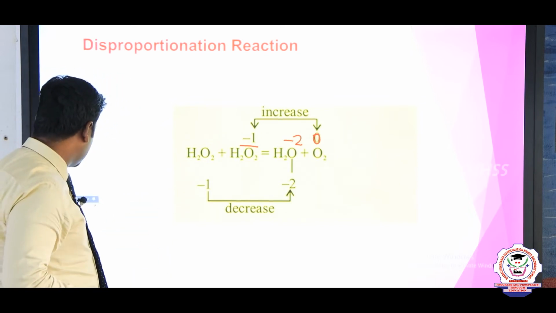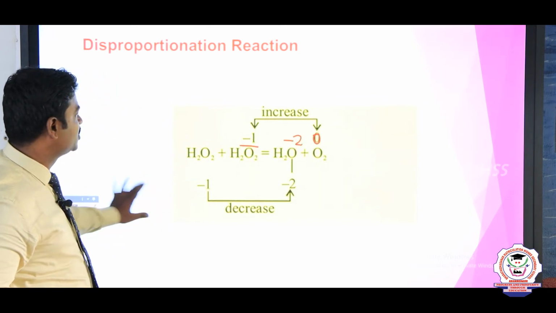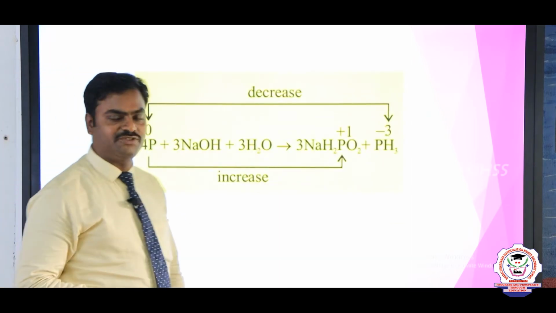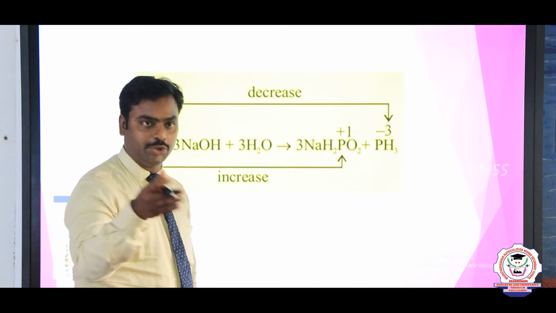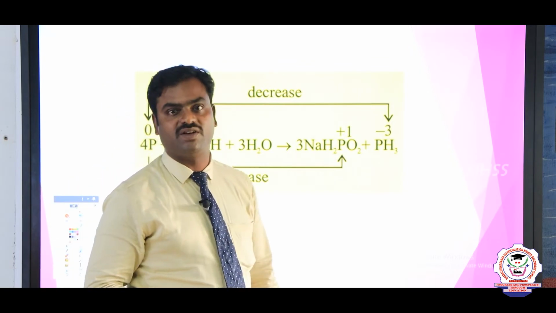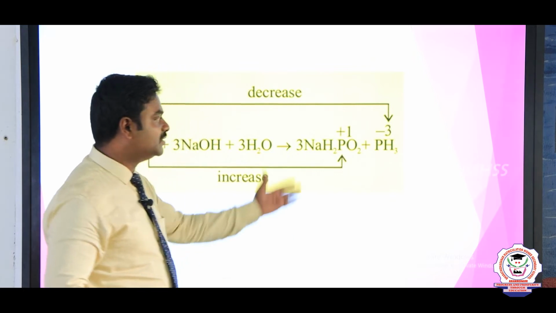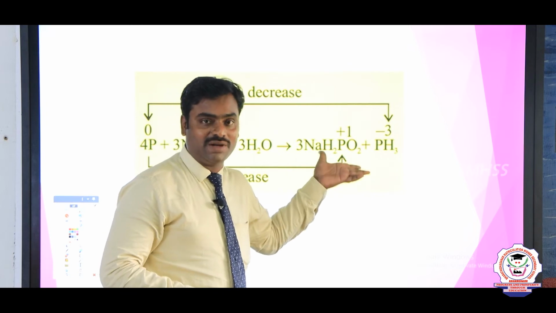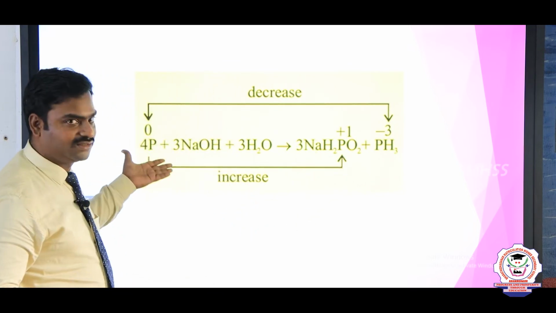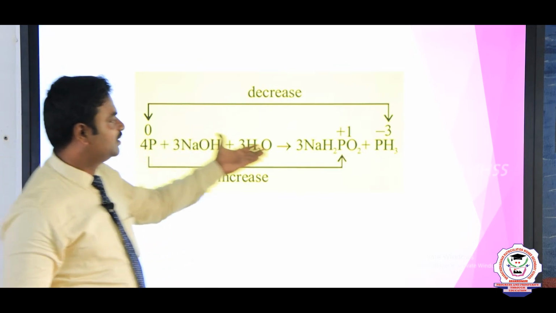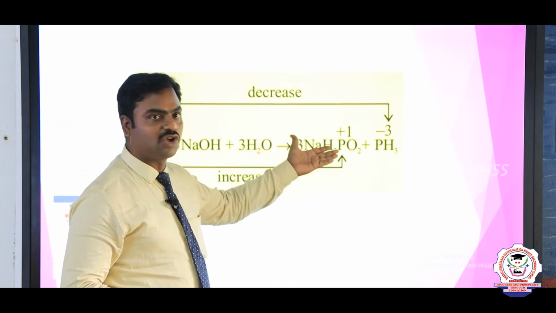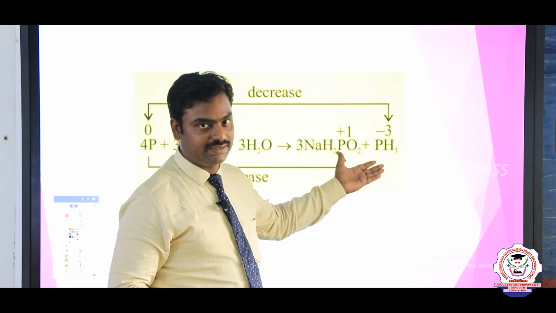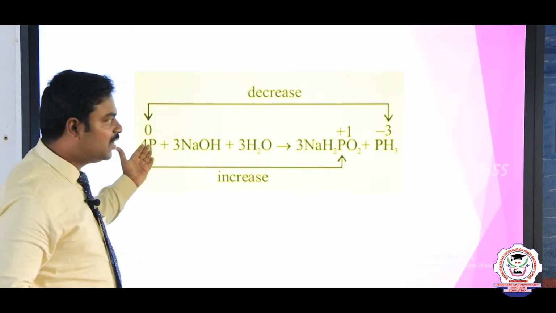I will give you another example of a disproportionation reaction. That is the conversion of phosphorus. See, when we treat phosphorus with sodium hydroxide in the presence of a base, it gives sodium dihydrogen phosphate and phosphine. These two molecules are formed from phosphorus.